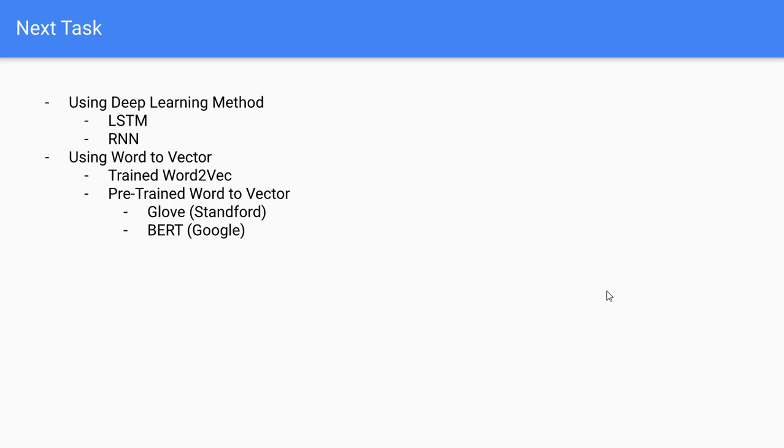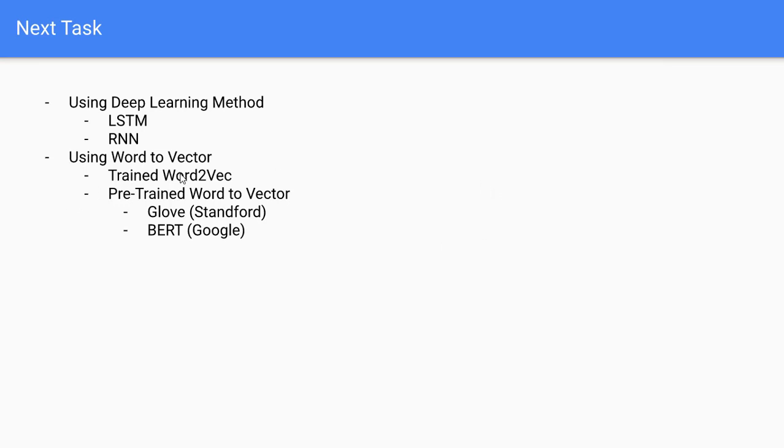For the next task, or for future work, I would like to employ deep learning methods like LSTM or CNN, and also I would like to use word embedding to improve my F1 accuracy.